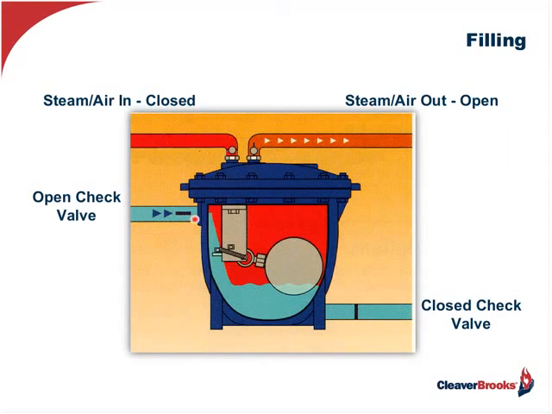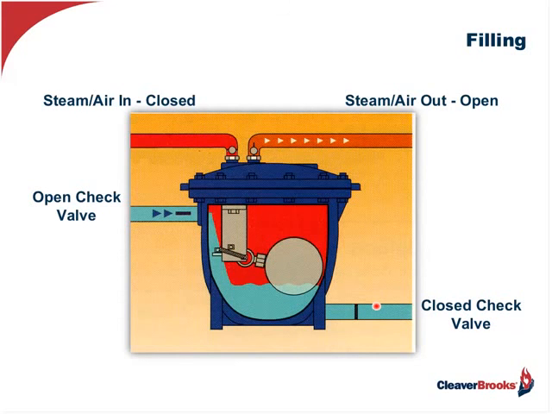It's like a large floating thermostatic trap. As the float begins to rise, I then will close off my vent and open up my closed check valve, so open up the discharge valve, if you will, and pump the condensate out using the motive force of steam or air.